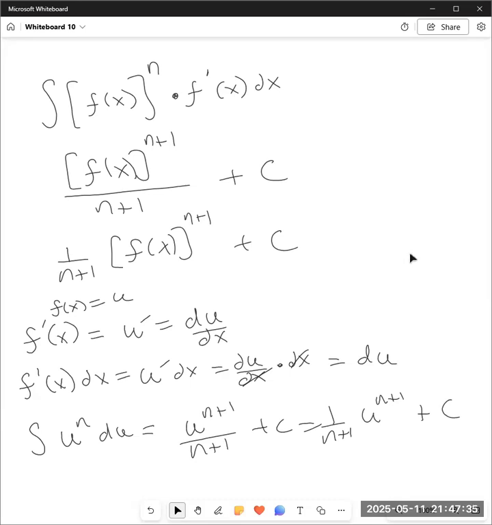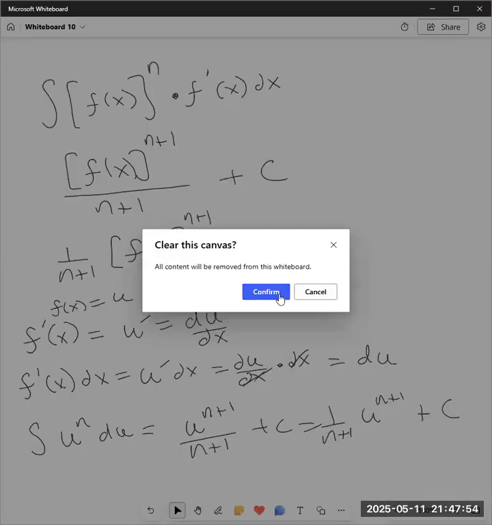We're not going to need any u substitution right now because they're going to give us functions where the inner function in the composition of functions is going to already have the exact derivative of it on the outside. So let's take a look at what I mean about this being a composition of functions. Number 9, the integral of, in parentheses, x minus 1 raised to the 4th dx.